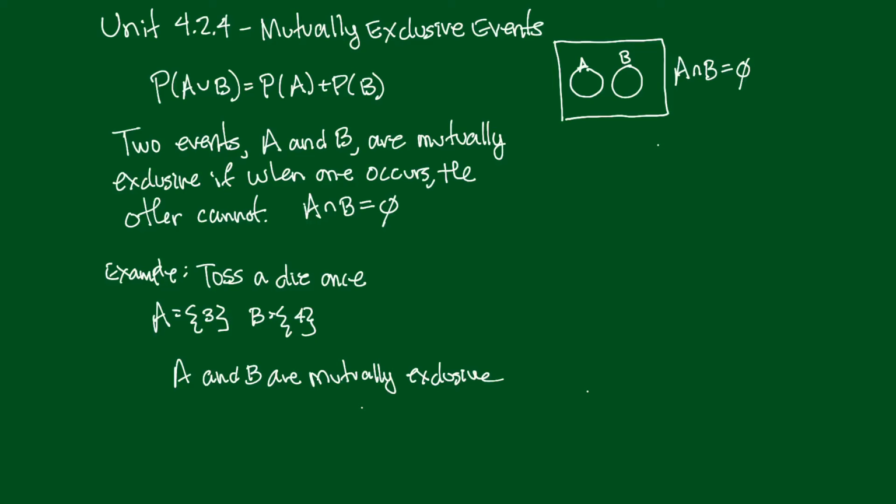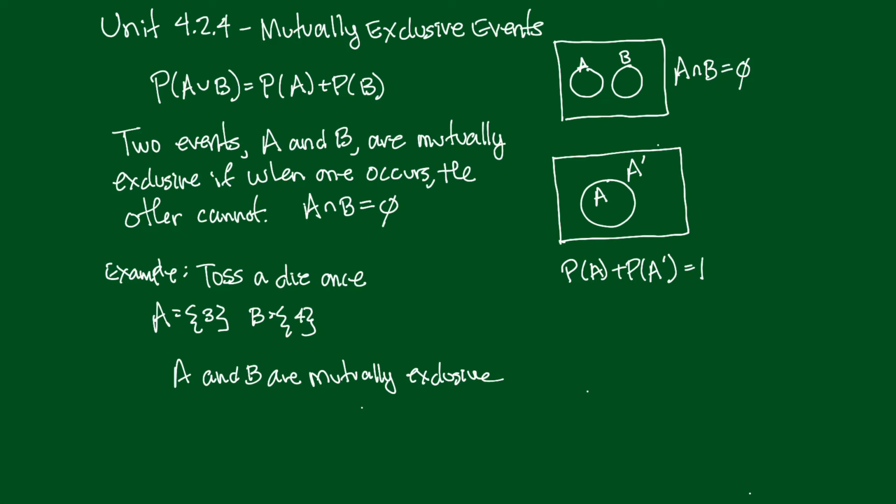While we're drawing pictures, here's a quick note on an important concept. If you have an event here, like A, outside of A would be A complement. You're either inside A or outside A. You can't be in both places. So if you take the probability of A and add the probability of not A, you have to get 1.